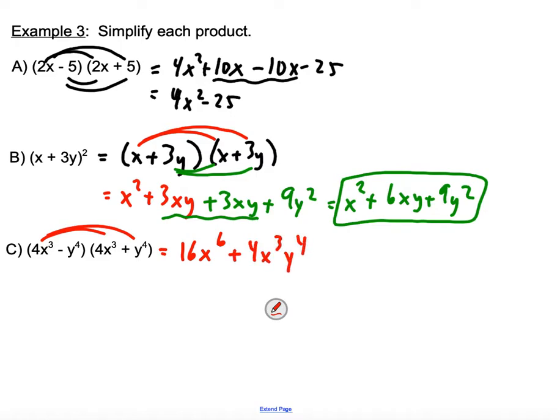And then I'm going to distribute the minus y to the fourth through the parentheses. So again, putting them in alphabetical order, it's a minus 4x to the third y to the fourth. Now a minus y to the fourth times a positive y to the fourth gives me a negative y to the eighth. You add the powers.